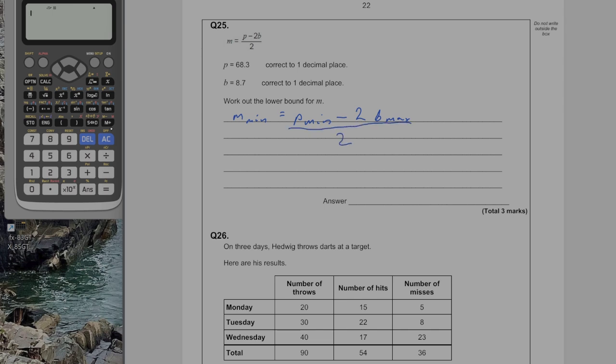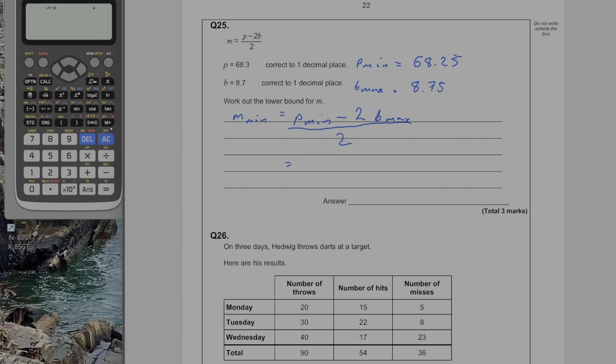Right, so I want the minimum value of P. If it's been rounded to one decimal place, the minimum, so P min, is going to be equal to 68.25. And if I want the maximum value of B, so I'm going to call that B max, that's going to be equal to 8.75.